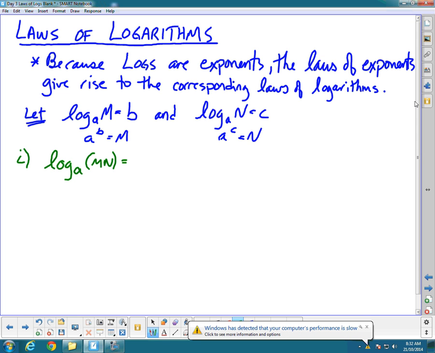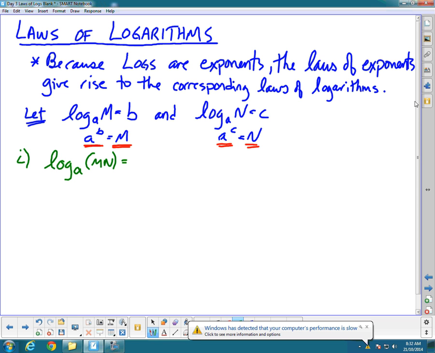And the second one is the log of a different number, same base, but obviously a different exponent. So both of these logarithms have the same base, except the first one is raised to b and it gets you the answer of m, and the second one is raised to a different exponent, c, and it gets you an answer of n.